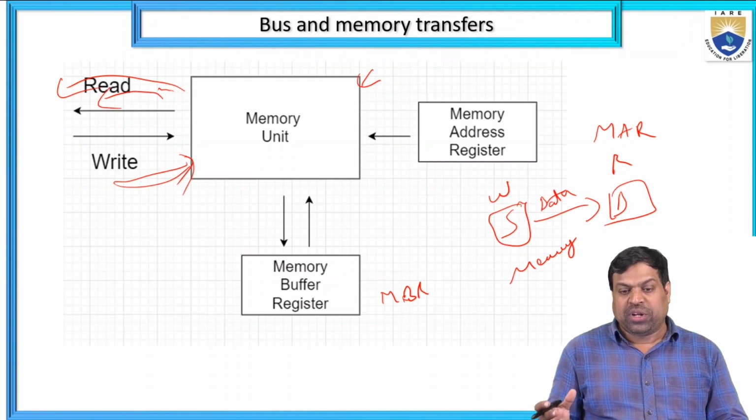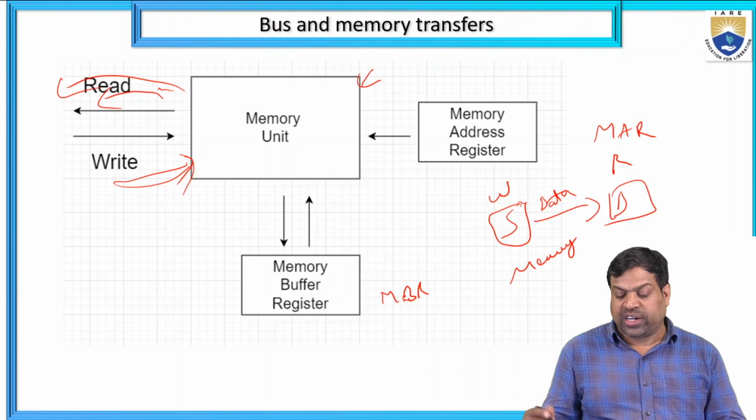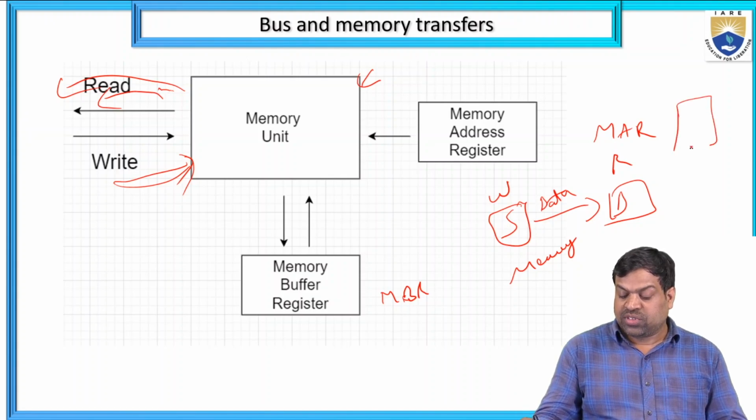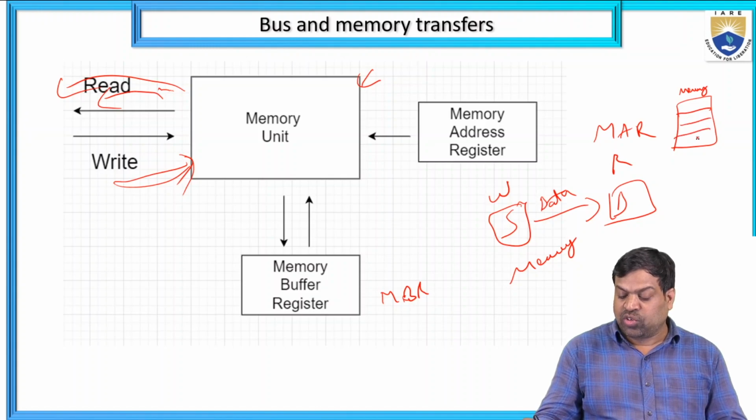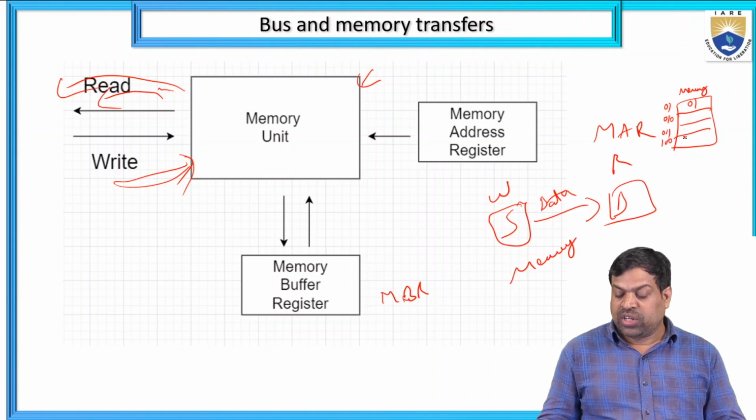Memory is there and data is there in it. In which area is the data? That is called the address. Suppose it is a memory and there is so much data. Where is the data? My address, where is my data? Suppose this address is 0 1 0 1 0 0 1 1 1 0, like this.